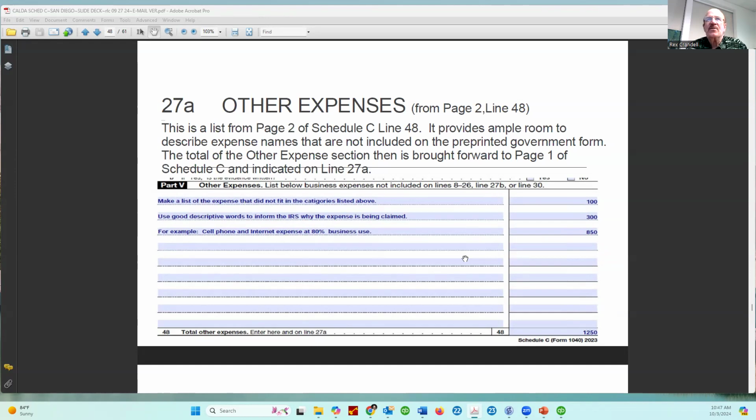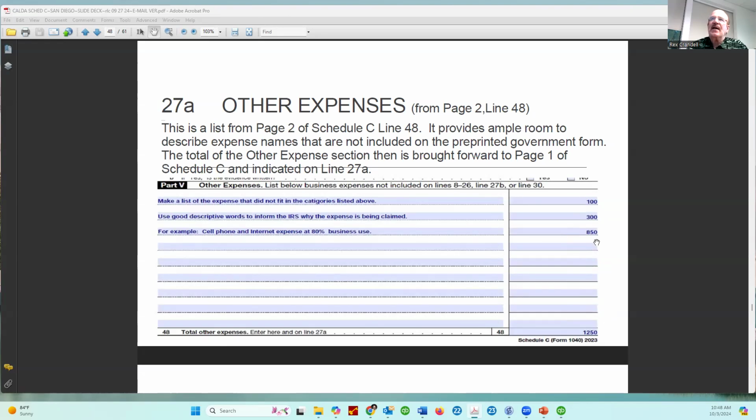One thing I do in this area on the other expenses is I allocate expenses down to business use, and I tell the IRS what I did. So it says here, cell phone and internet at 80% business use.